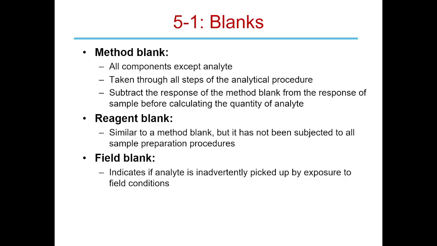You'll remember your Vis spectroscopy. We did all the steps except for add the analyte, right? And so by the way, if you boil your analyte, you gotta boil this. If you do any process to your analyte, you should do it to this as well, okay? It just doesn't have the analyte. Everything else though.